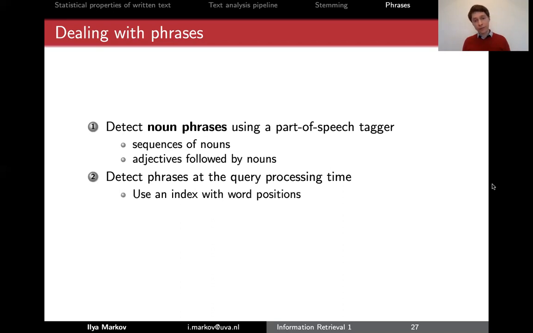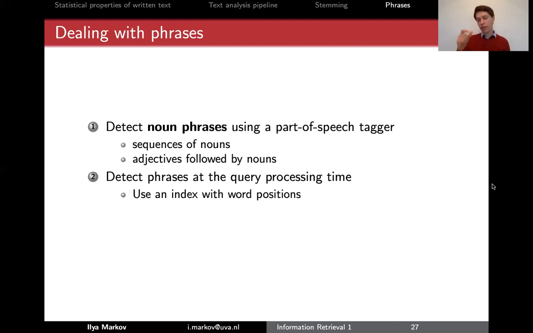Now, a different approach would be to leave that to the retrieval phase. When your query arrives, if the query is people are united, then you don't treat united as a phrase because you don't see it occurring together with other words in the query that much in documents.